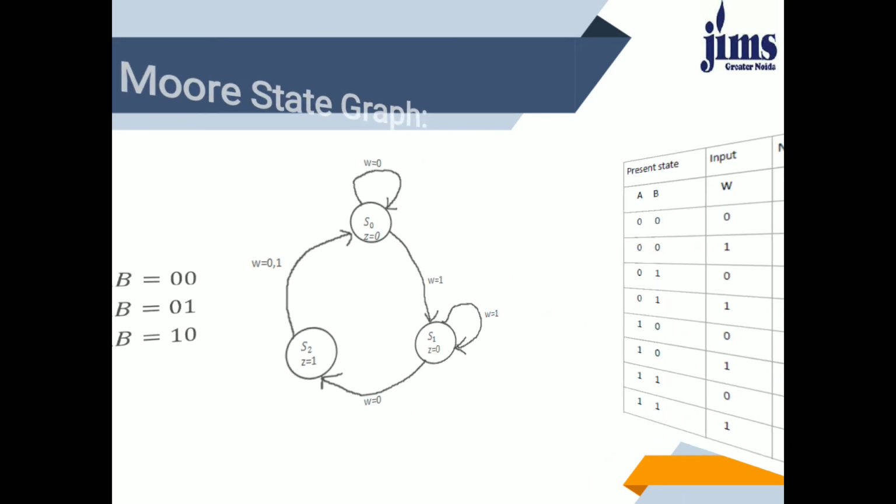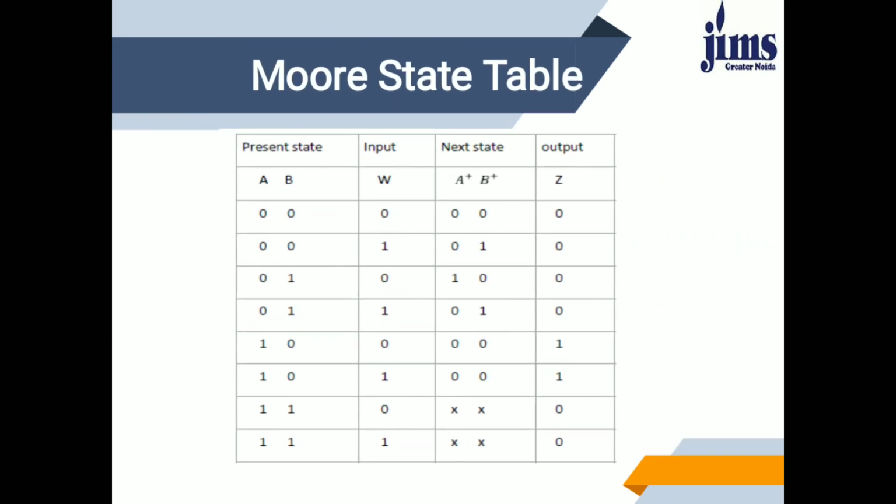Now, continuing, we can also define the state table. How do we define the state table? We need to define the present state and next state in the state table as well as input and output. If 2 state variables are considered, then total how many states will there be? 4. But according to input 0 or 1, it is multiplied by 2, so a total of 8 rows will be there. Accordingly, A plus and B plus are defined, which are the next state.